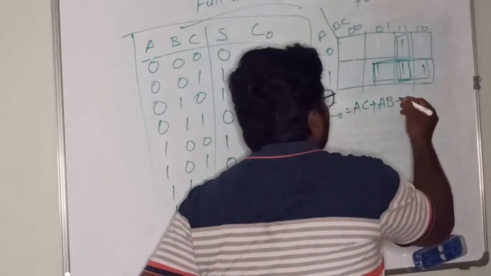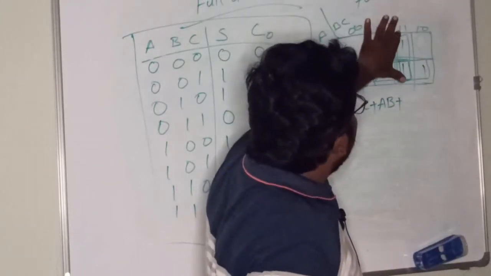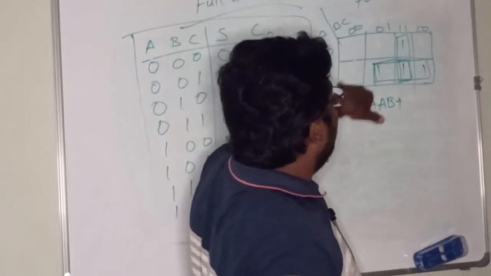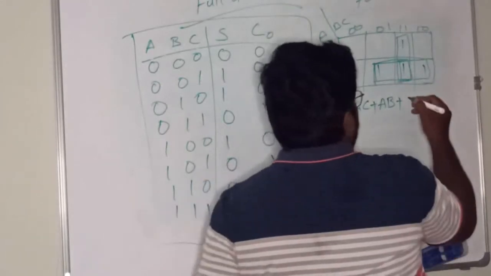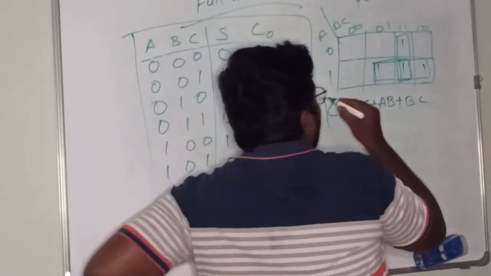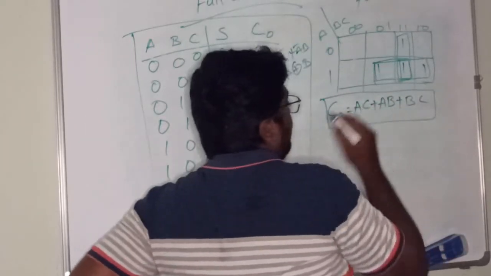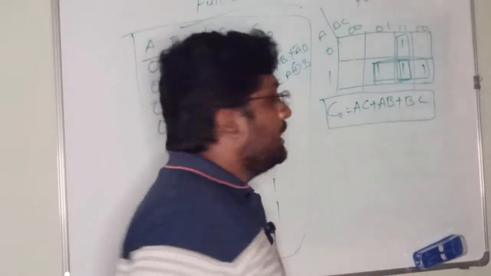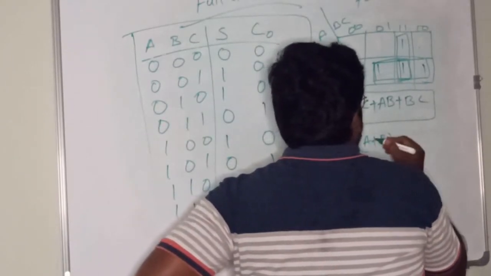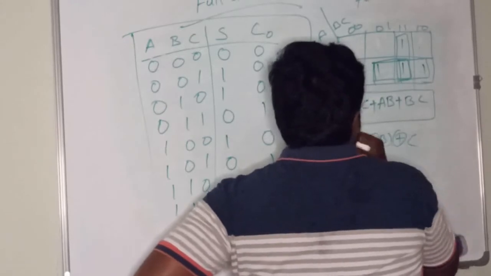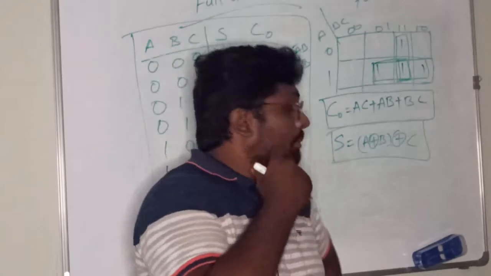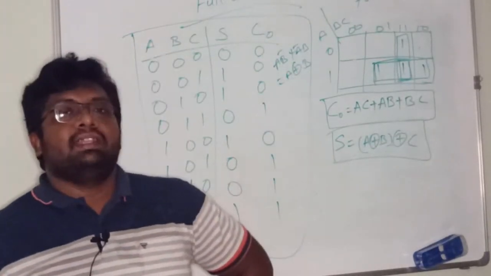So AB plus, in this pair, A value is varying and B and C values are constant. So BC. The C0 is equal to AC plus AB plus BC, and sum is equal to A XOR B XOR C. So these are the sum and the carry outputs for the full adder.